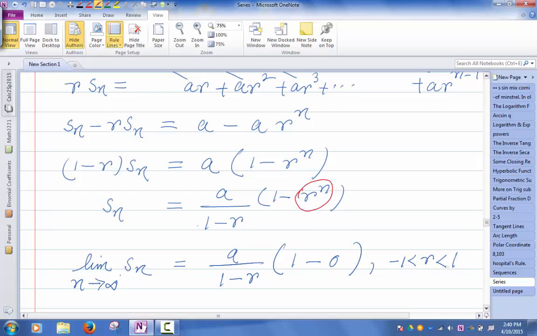When r is equal to 1, we already have seen that the geometric series is divergent, so I don't care about what happens when r is equal to 1.